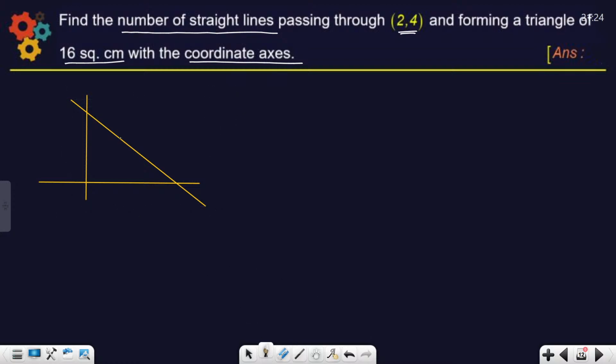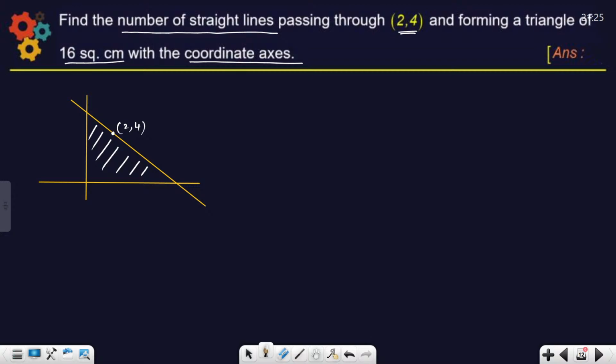We have to find that out. But I have taken one form like this, that this line is passing through the point 2, 4. Okay. And the area so formed with the coordinate axis is 16 square centimeter. Is it clear? 16 square centimeter.